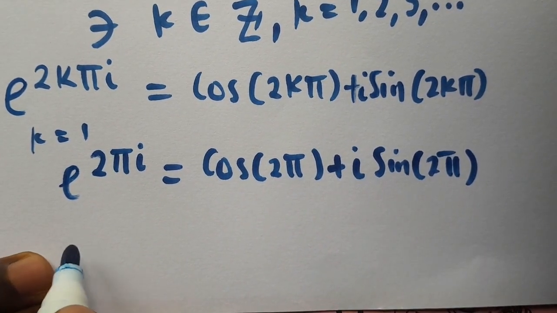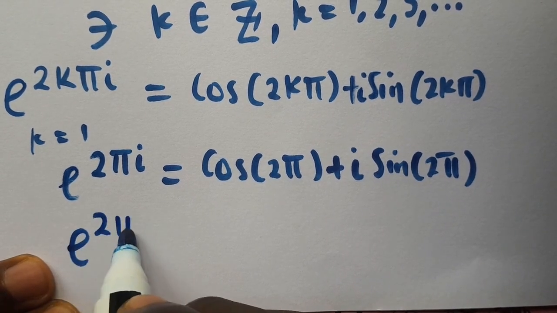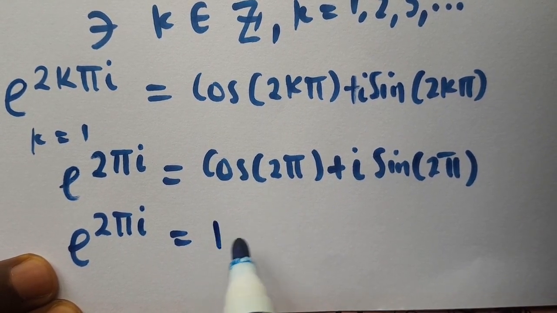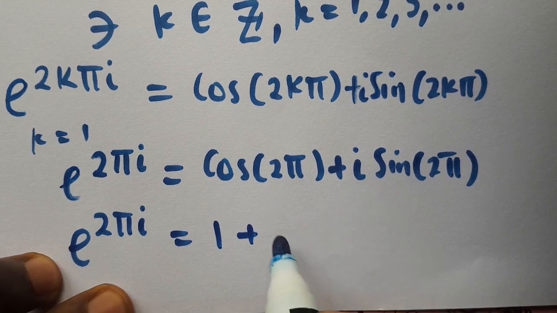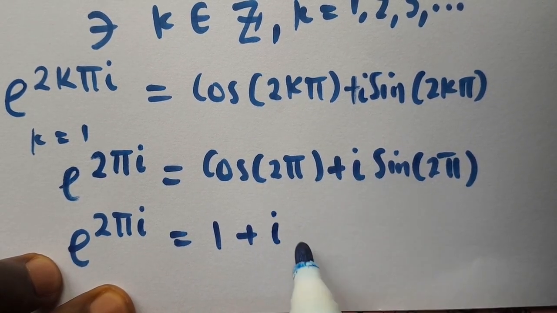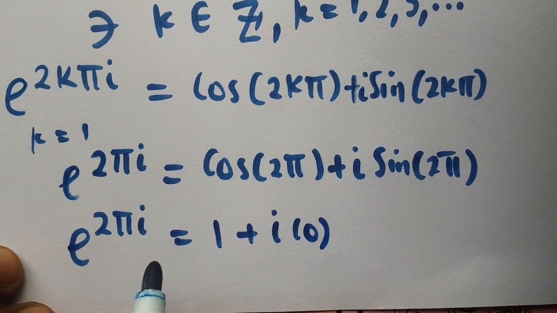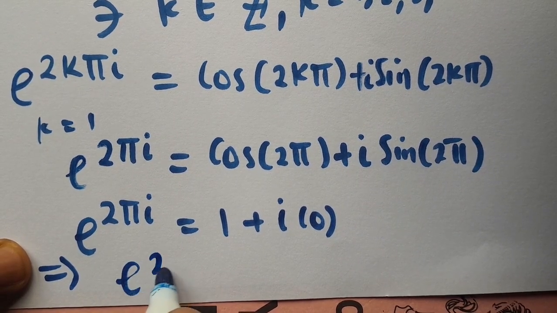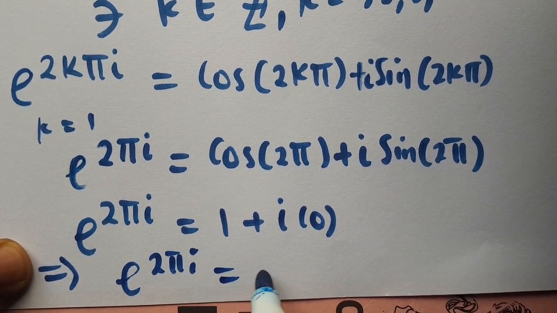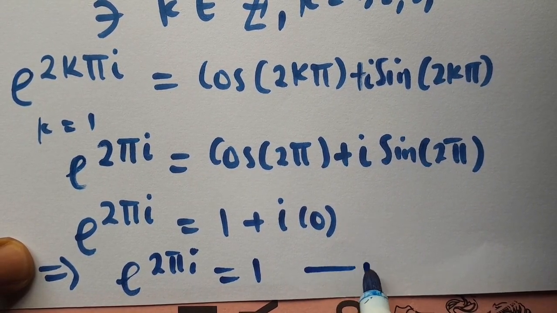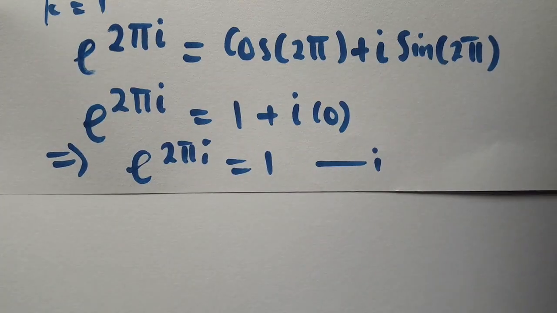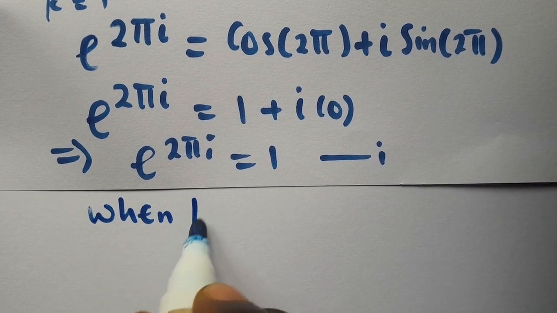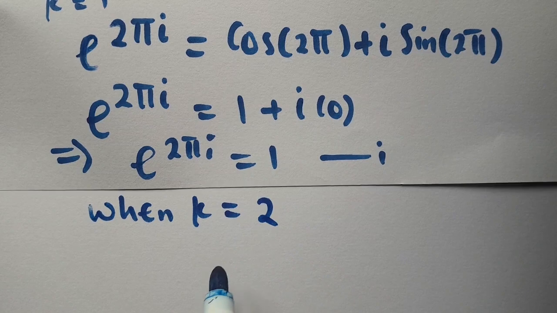Now from the left, we have e to the power of 2 pi i equals cos 2 pi, which is 1, plus i sine 2 pi, which is 0. So therefore we have e to the power of 2 pi i equals 1. Let's have it to be equation 1.